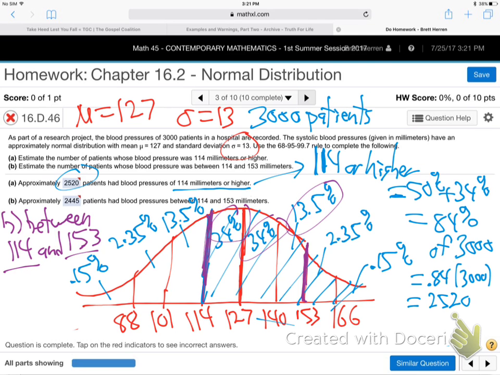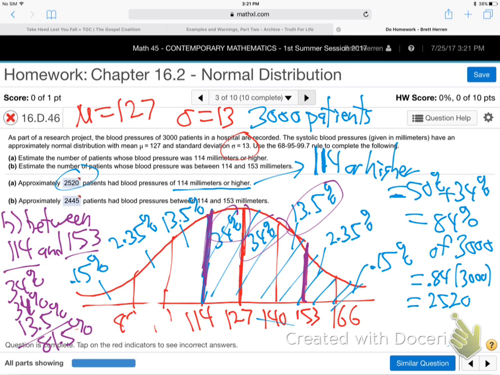34, 34, 13.5? They just want percent? Oh, they want how many? So I'm going to have to get the percentage and go times 3,000. Okay, because that percentage of all the patients of the 3,000 times the 3,000. So what's that going to be? 34, 34, 13.5, 68, 78, 81.5% of the 3,000.